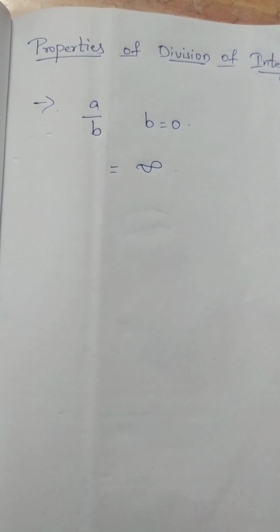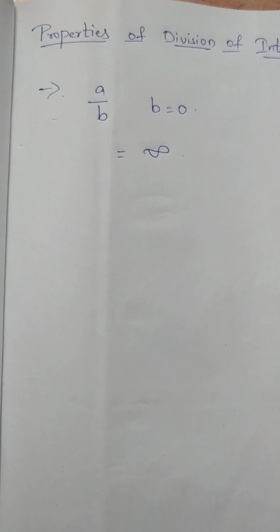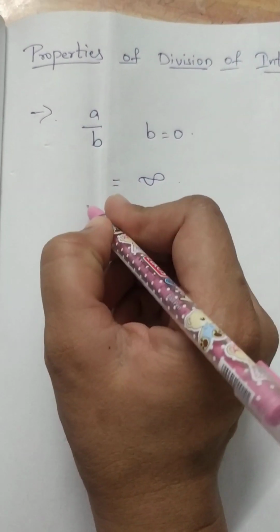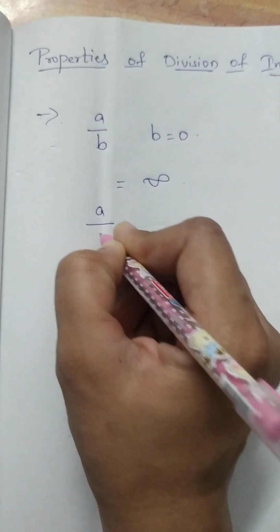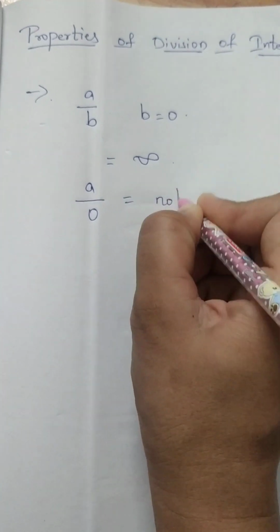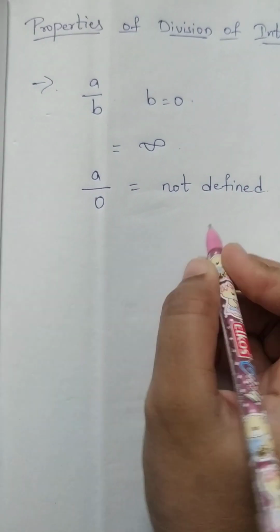That means it is not yet defined how to divide with 0. a divided by 0 is not defined. You can never divide it and you can never do it.